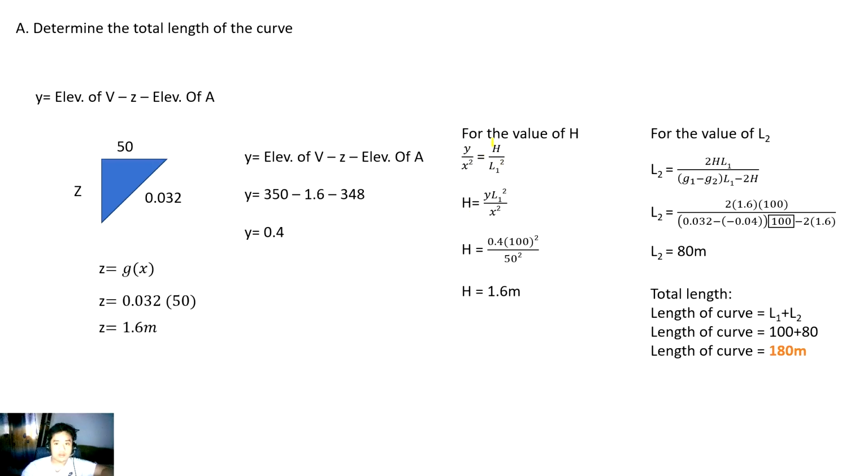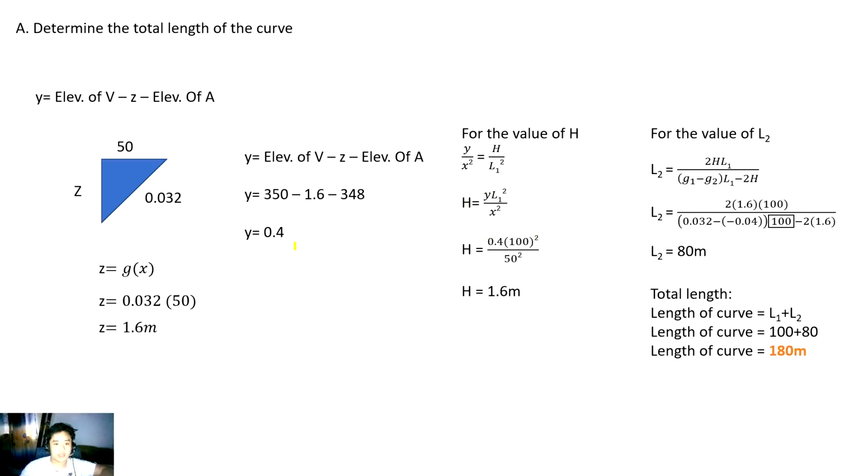So, babaguhin natin para mahanap natin yung h. So, magiging h equals y L1 squared over x squared. Ayan. So, cross multiply y times L1 squared, ito na sila, then x squared. So, having that formula, we're going to substitute the given.